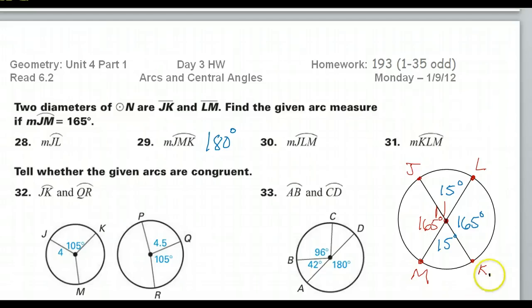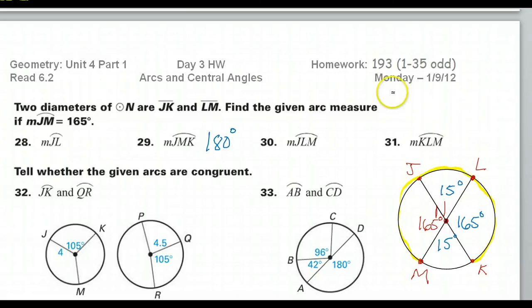All right, arc KLM, it's going to go from K through L all the way around to M. So I'm going to do it by subtracting this time because that's the quickest way.